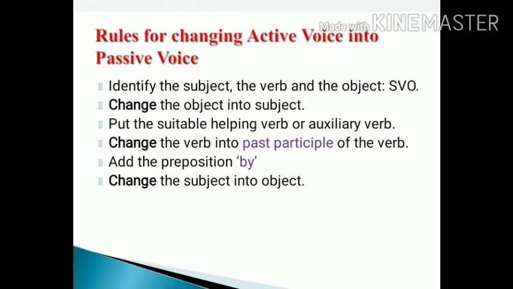And next is put the suitable helping verb or auxiliary verb. And next, change the verb into past participle, that is the third form of the verb. Okay, add the preposition by. Next is change the subject into object.